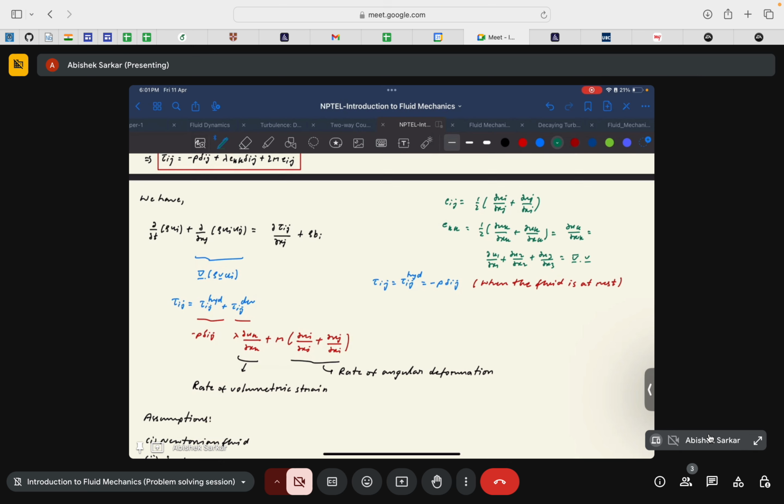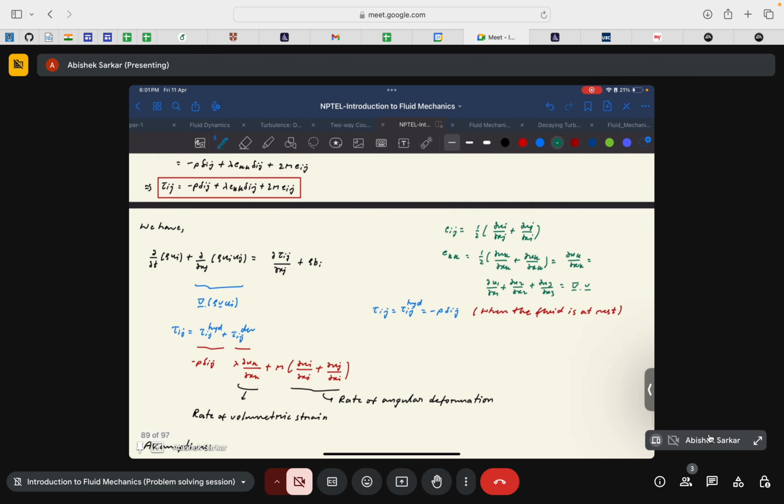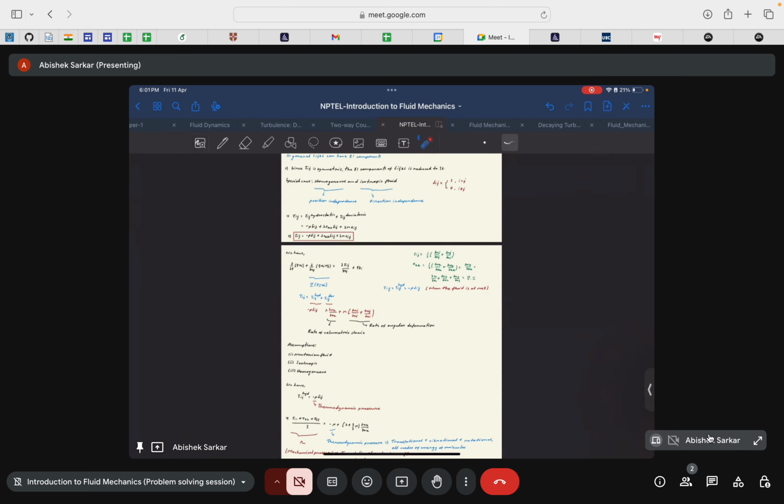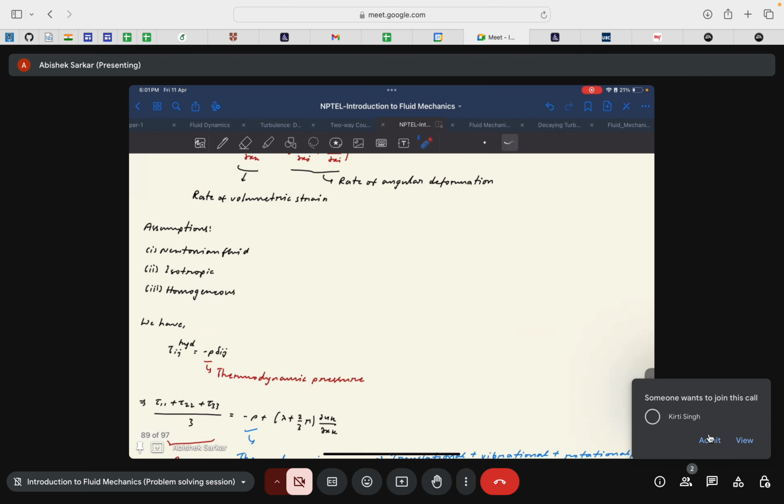The other term is just the standard strain rate tensor, which represents the rate of angular deformation. But dou u_k by dou x_k, the divergence of the velocity field, represents the rate of volumetric strain, if you recall, from the early lectures.